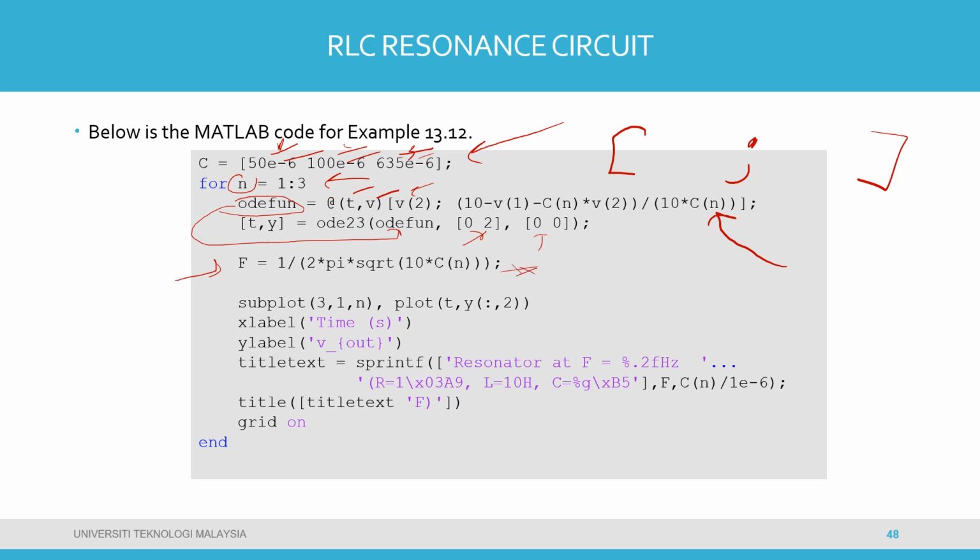This one is not a Matlab equation. This one is just a theory in the RLC resonant. So this one usually will be given. You don't need to worry. Okay, because you have to learn about RLC resonant to know this equation. Okay, this is the resonant equation.